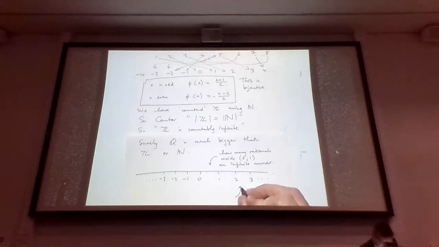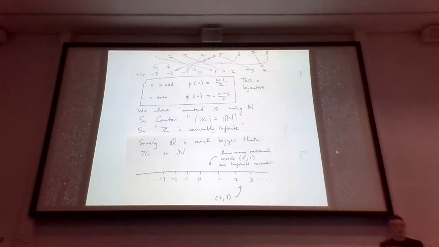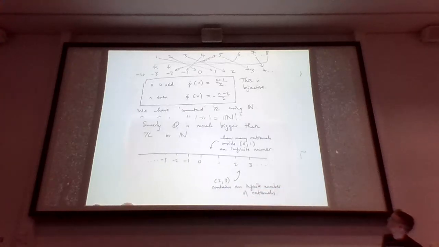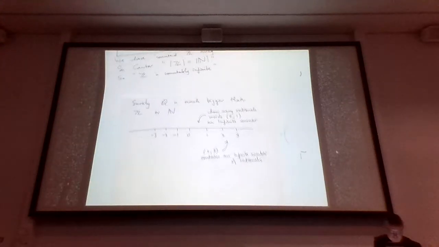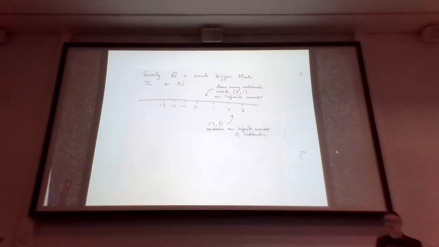How many inside the interval 2 to 3? Infinite. Okay. 2 to 3 also contains an infinite number of rational numbers. Because the rational numbers consist of all the fractions of integers.